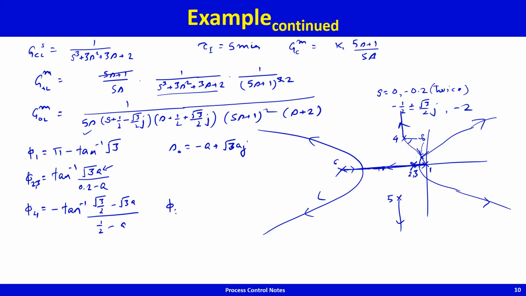Phi 5 will be positive, and it will be tan inverse square root 3 by 2 plus square root 3a divided by half minus a, and then phi 6 will be equal to tan inverse square root 3a divided by 0.2 minus a.